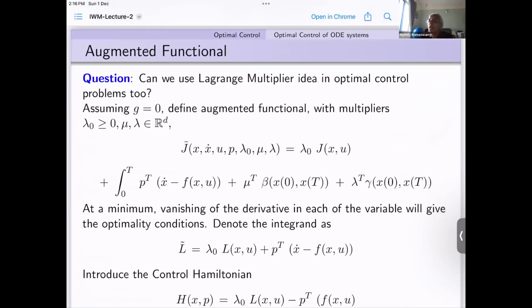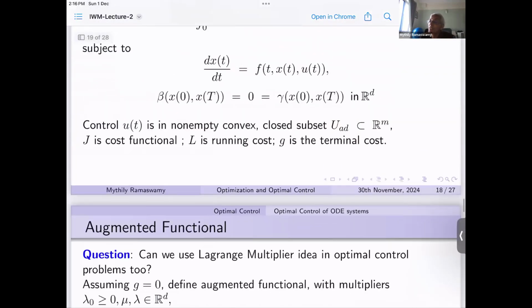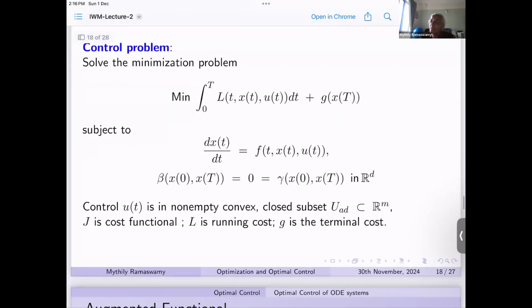So I have to first find the augmented functional. We are going to treat the differential equation as a constraint, plus the terminal conditions are also constraints. Now the terminal conditions are imposed in RD, so I'll need a Lagrange multiplier from RD. I'll take an inner product of that Lagrange multiplier and these conditions.